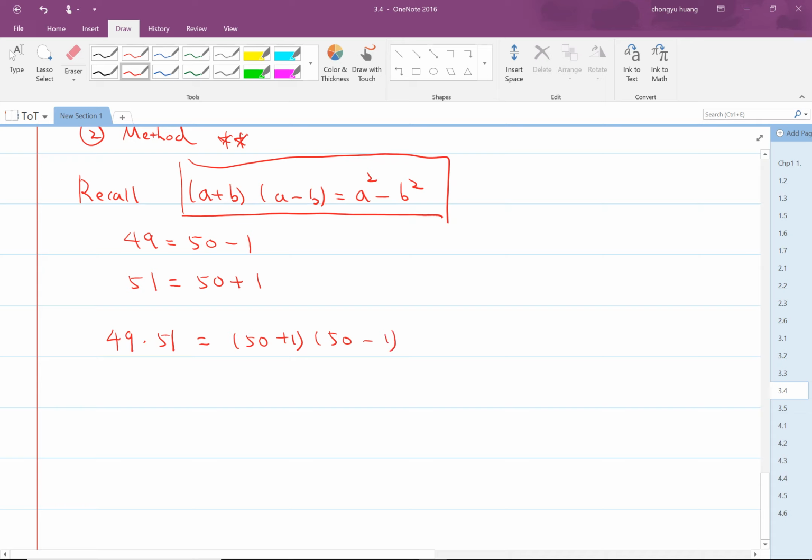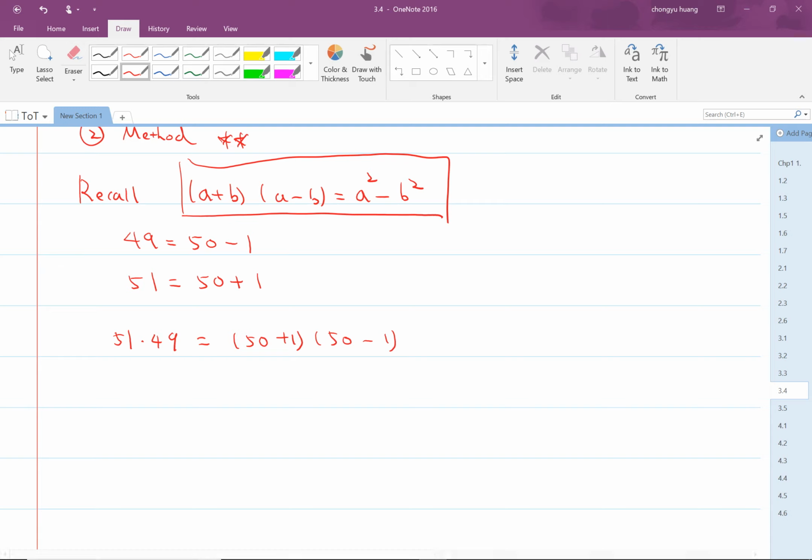The order doesn't really matter here since we are multiplying both sides, so you can switch it. 51 multiplied by 49 is the same thing as 49 multiplied by 51. So we can write 51 multiplied by 49 equal to 50 plus 1 multiplied by 50 minus 1.